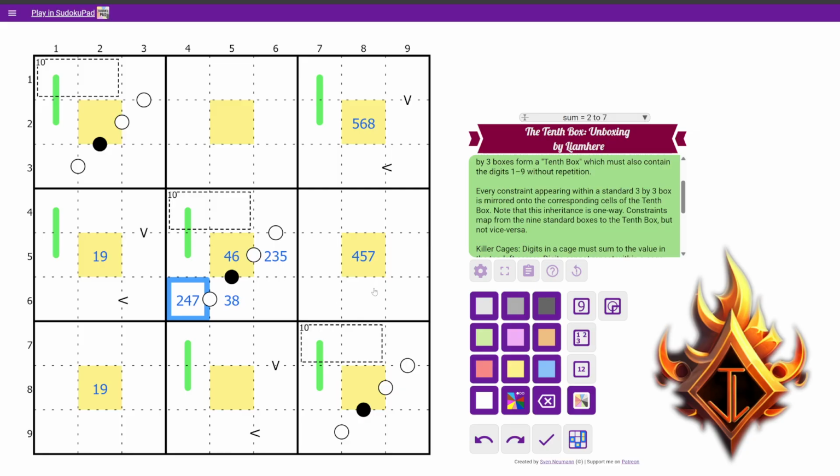7, 8, 4, 3, 2, 4, 3, 6. Oh, it can't be 4. If it was 4, it'd be 4, 3, 6, 5, 4. Or no, that's not right. 4, 3, 6. Oh, that is right.